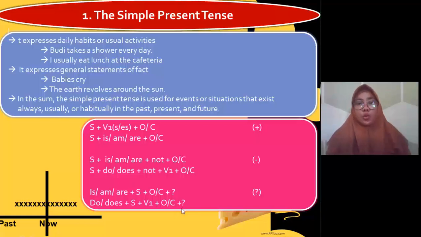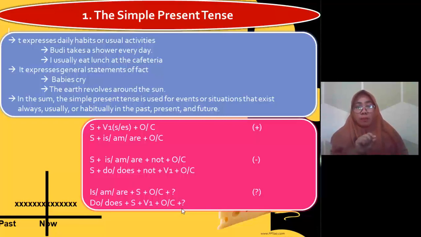Okay, for example, like this one: every day, Putri always comes to Miss Chika's house.